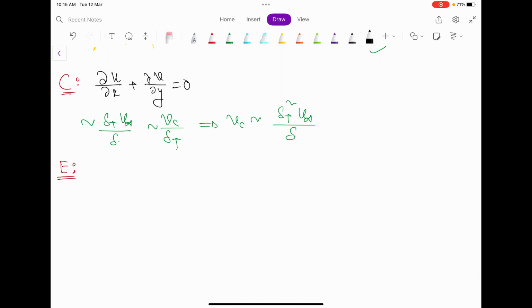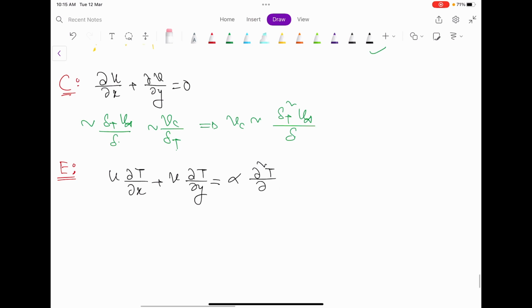Now let us write the energy equation. For steady state, u del T del x plus v del T del y is equal to alpha del square T del x square or y square. And now I am not telling the logic because I have explained it earlier, so you should get it.